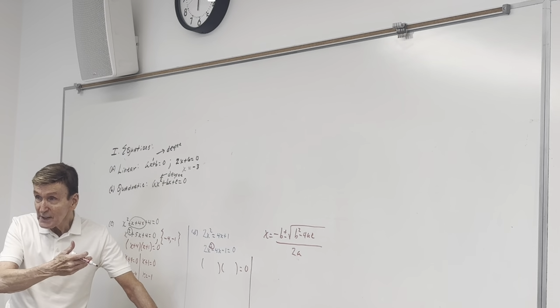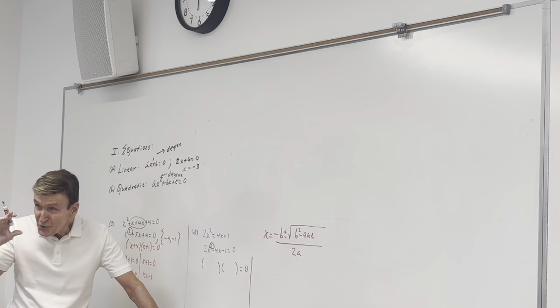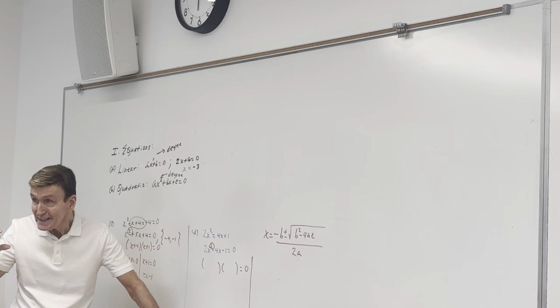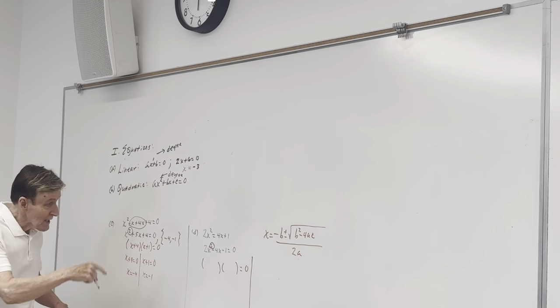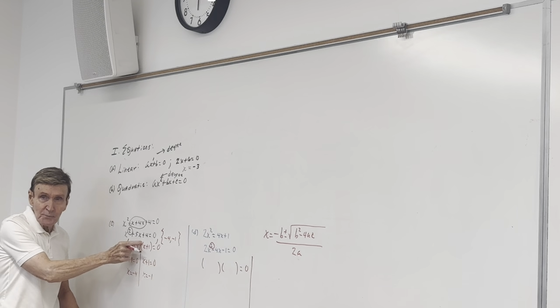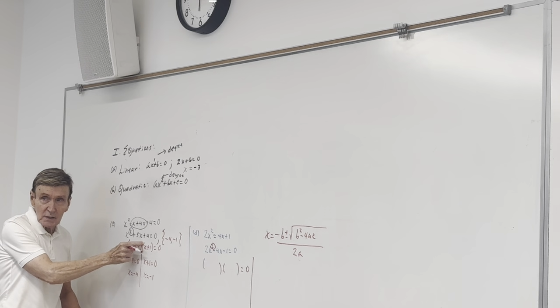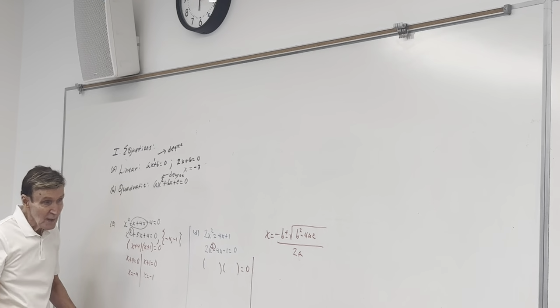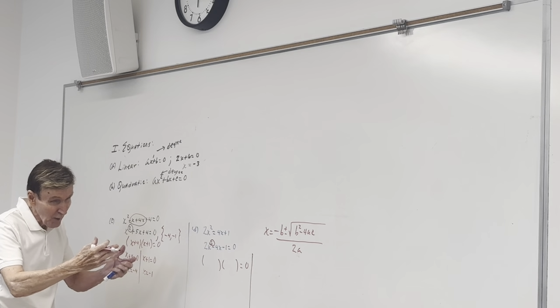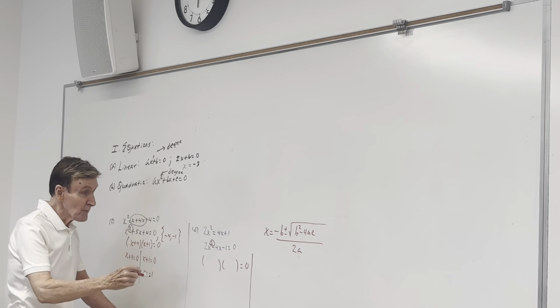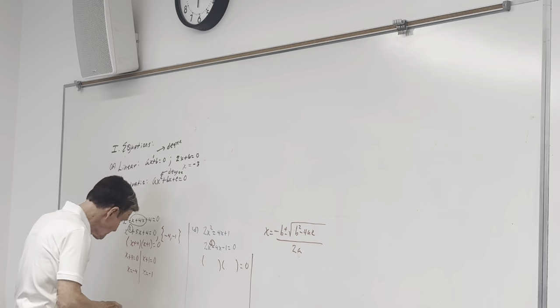Now, we've reserved this mostly for those that will not factor. By the way, if your factoring skills are weak, and I hope they're not, you could use that formula back here on this one, and you'll get the same answers, and not factor. But this one, the quadratic formula has to be used. Now you say, Professor, I've been out of school for a while.